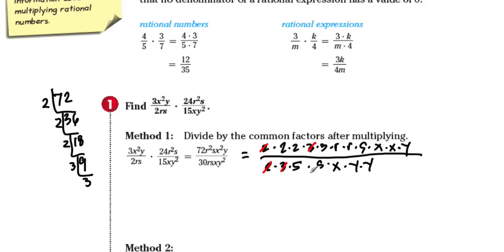We have s over s is a 1 as well, x over x is a 1, and y over y is a 1. And then we simplify now. We end up with 2 times 2 is 4 times 3 is 12 r squared. In the denominator, this case would be simply 5y.